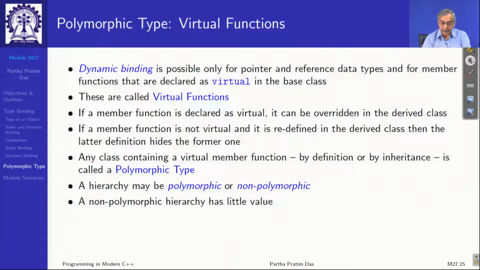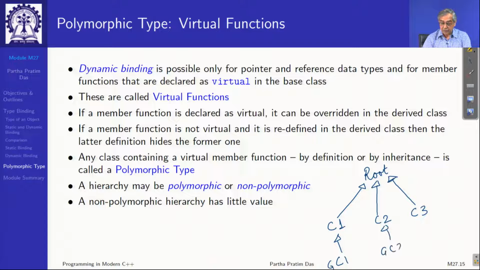That is, you have a hierarchy where you have say a root and you have inheritance. So, this is child 1, this is child 2, this is child 3 classes, this is grandchild 1, this is grandchild 2, this is grandchild 3, this is grandchild 4, and so on.